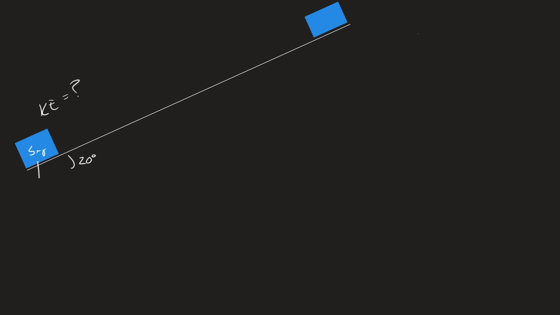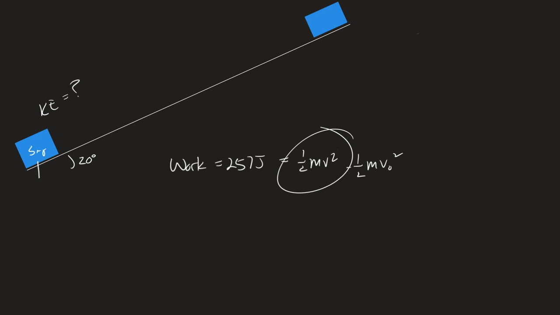Aw, this isn't hard. If we push the box up the ramp and it took 257 joules to get there, and I let it go, how much work do you think gravity's going to do bringing it back down? Yeah, so the work done is going to have to be 257 joules. I think all that's going to be right there.